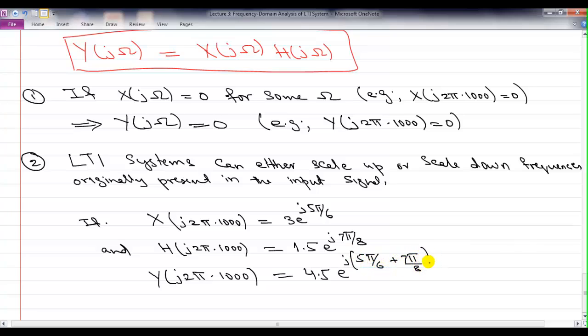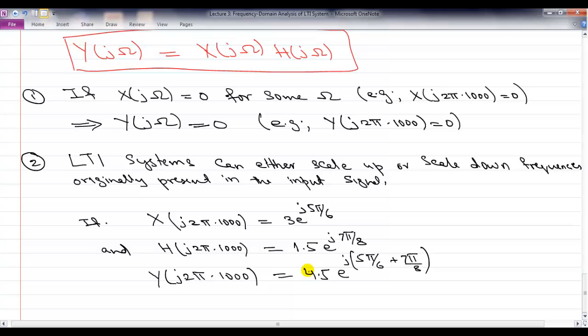Right? So this is a case where my output frequency at 1 kilohertz now has a higher amplitude than my input frequency. So that's the concept of scaling up of frequencies.